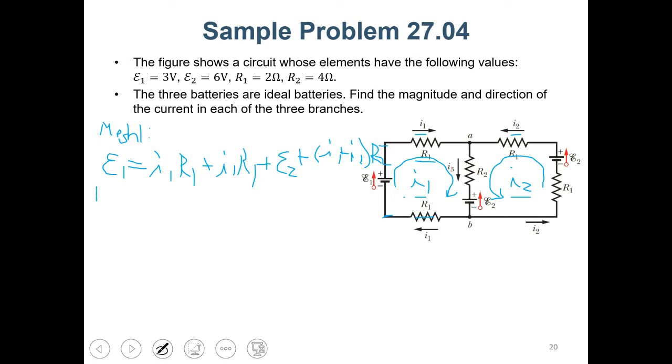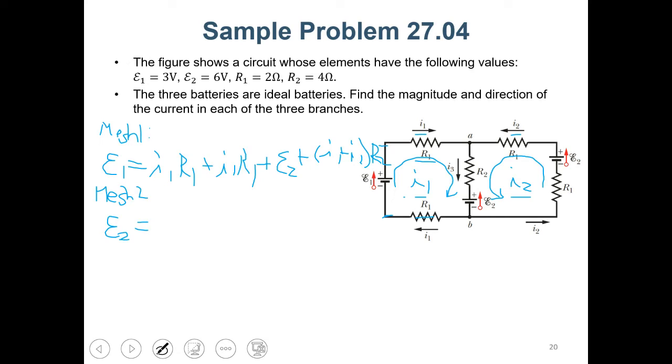And for mesh 2, we start from here. So E2 is a positive voltage potential change.